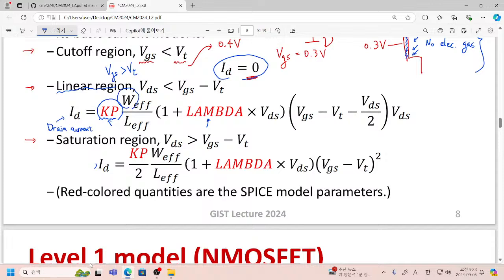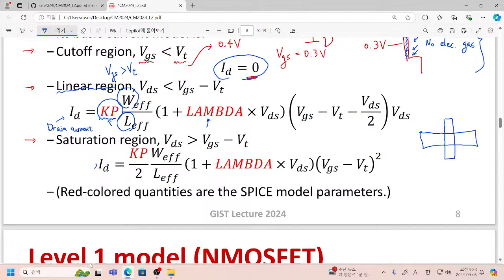W means the width of your transistor, and L corresponds to the length of your transistor. And usually the transistor is drawn as just the intersection of two different rectangles. So this is the top view of a MOSFET.